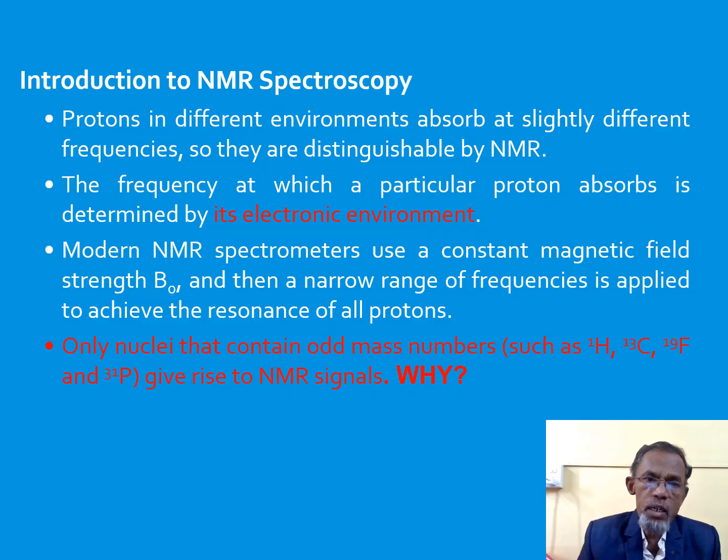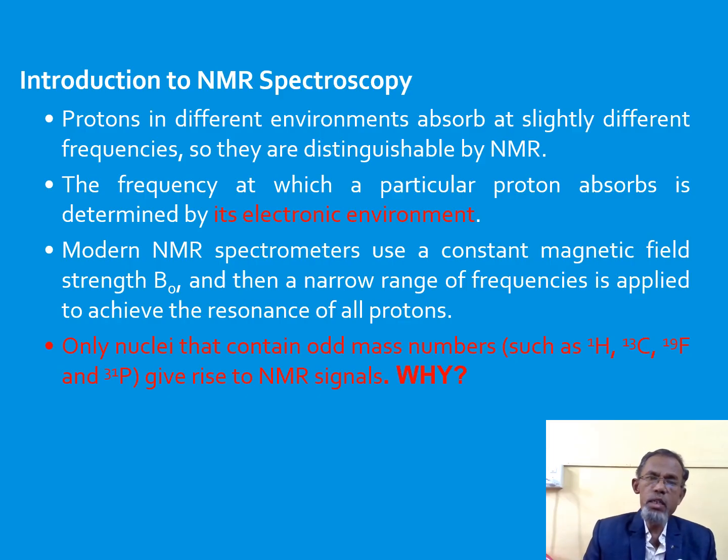If you consider a simple molecule, like methanol or ethanol, no doubt protons are present, but the environment of the proton differs from one to another. We'll look into one example and come to know the equivalent protons and the non-equivalent protons present in the molecule. The frequency at which a particular proton absorbs is determined by its electronic environment.